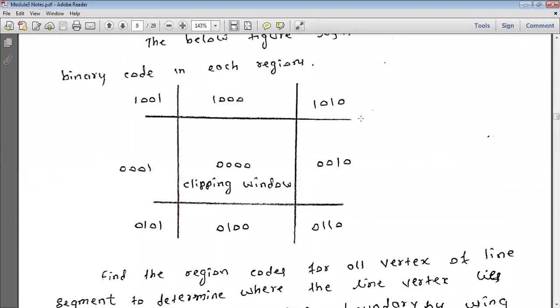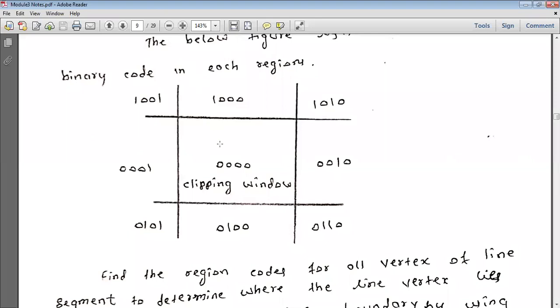That means anything that comes out of the clipping window will be a non-zero number. If it is above, the first bit will be 1. If it is below, the second bit will be 1. If it is towards the right side, the third bit will be 1. If it is towards the left side, the fourth bit will be 1.